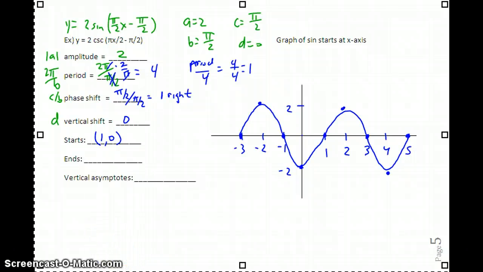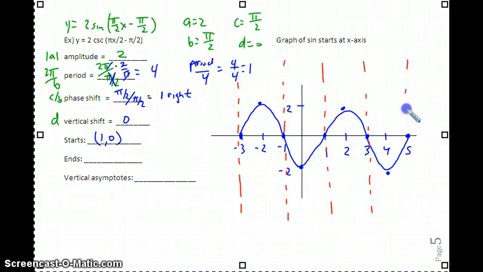Now what I need to do is draw in my vertical asymptotes wherever the graph is touching 0 here. That way I can now make my cosecant graph, which would just be this part here, I'd go down for this one.